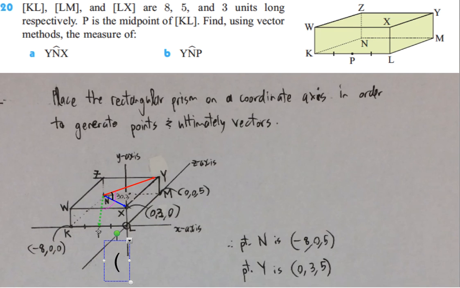And in case you haven't figured it out already, you'll see that it's -4, 0, 0. That'll be the point P. And then from there, we can come up with NP and NY, and then use the same process that we did already.